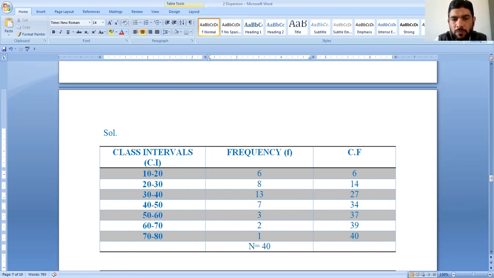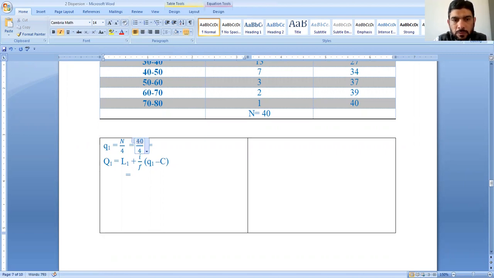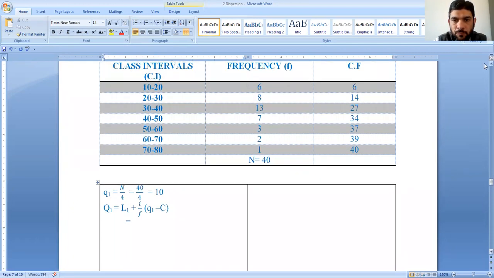First of all, we have to find Q1, the lower quartile, and its formula is n upon 4. We have n as 40, so 40 upon 4 is 10. Now we have to check 10 in the CF. 10 falls in the group 20 to 30.